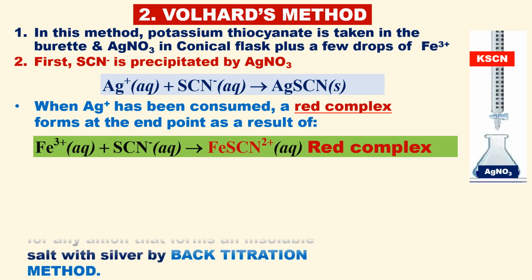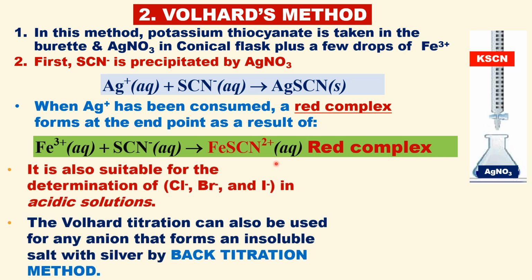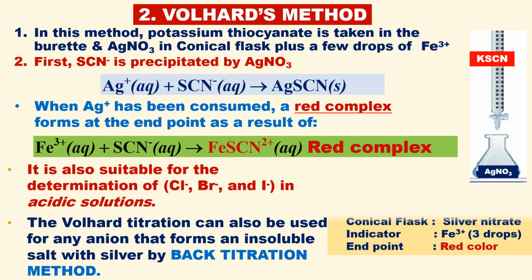Volhard's method is also suitable for determination of halide ions in acidic solutions by back titration. In this, potassium thiocyanate is taken in the burette, silver nitrate is taken in the conical flask. The indicator is ferric ion, 3 or 4 drops. The end point is the formation of the red complex.